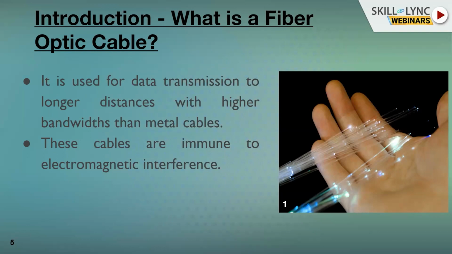You might have seen ads recently, fiber net by Jio or Airtel. Everywhere we are using fiber so that the transmission rate and the internet are very fast and secure.